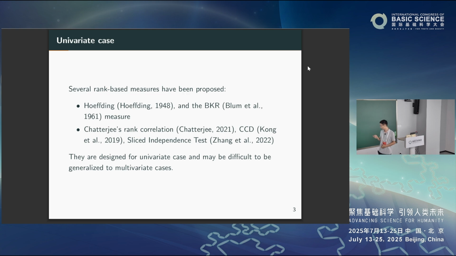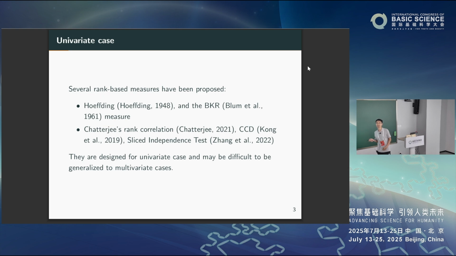But for multivariate cases, for example, x is two-dimensional: in the first dimension, the first observation is larger than the second, and in the second dimension, the first observation is smaller than the second. So we cannot rank the two observations. This is why they may be difficult to generalize to the multivariate case.